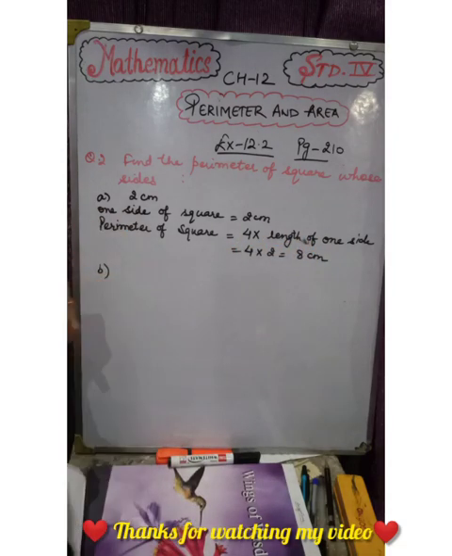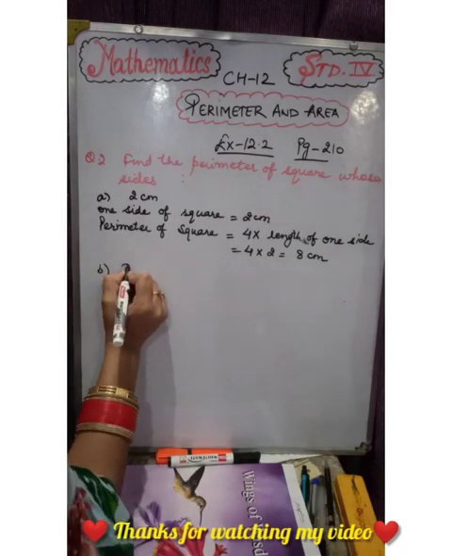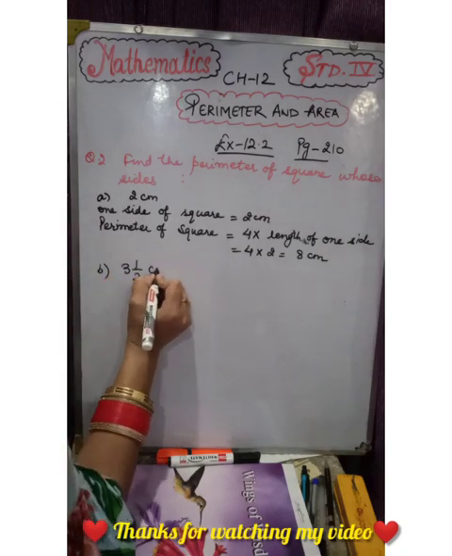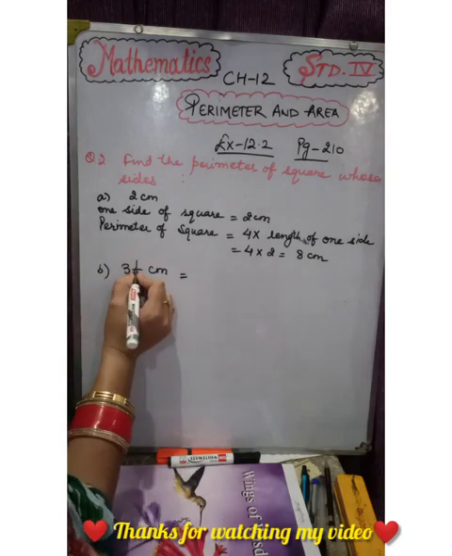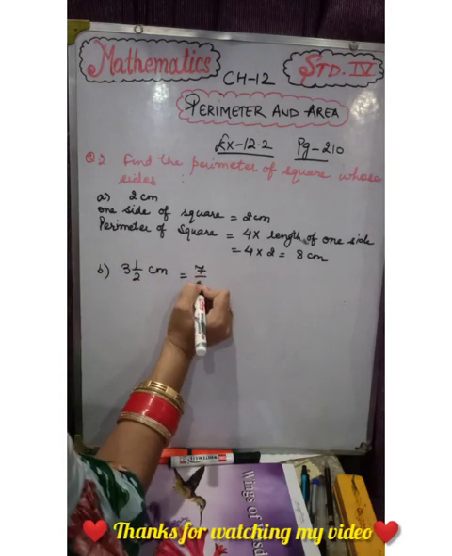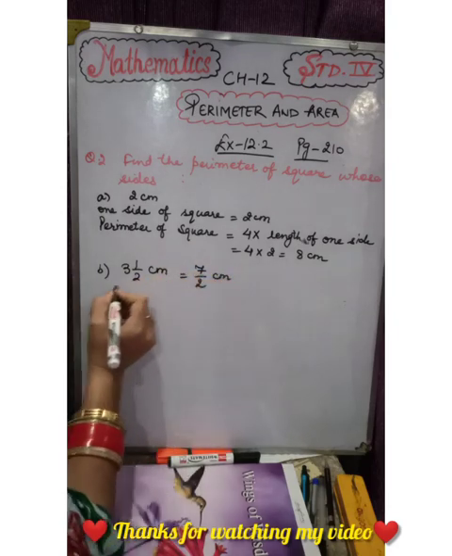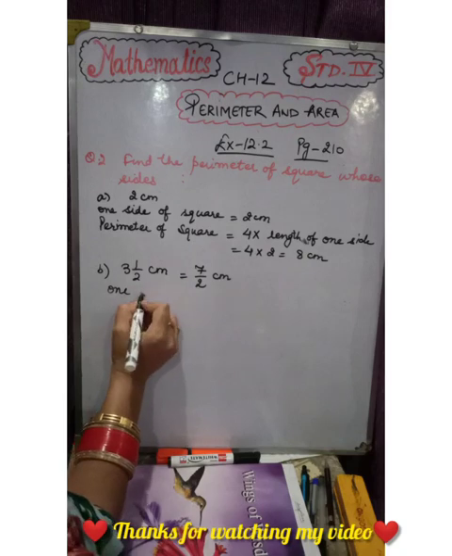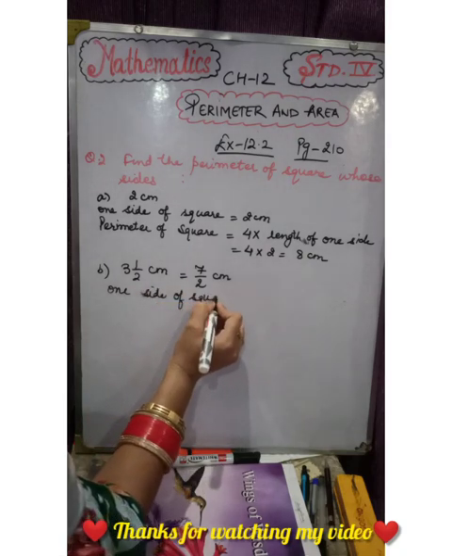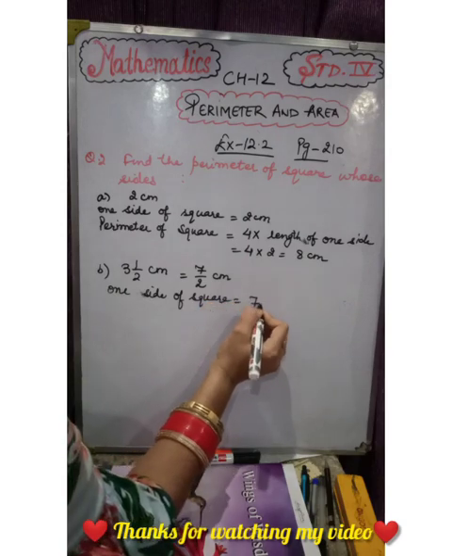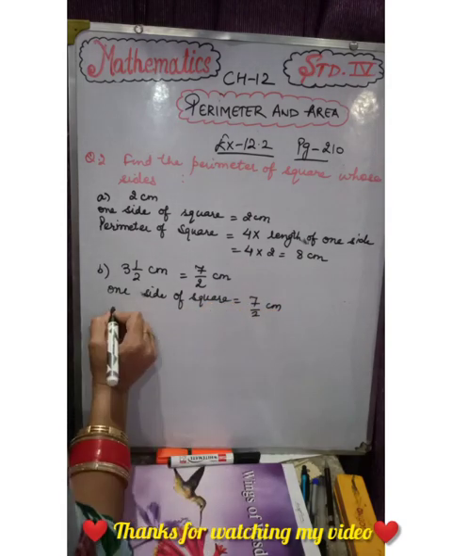Next, B part. B part is in mixed fraction, that is 3 into 1 by 2 centimeter. We will convert it first into improper. 3 2s are 6, 6 plus 1, 7 by 2 centimeter. So we'll write one side of square is 7 by 2 centimeter.